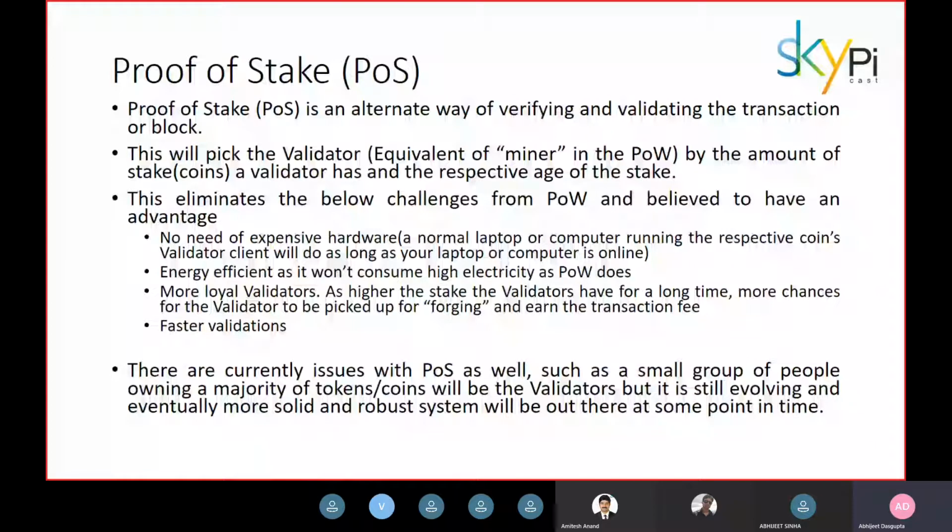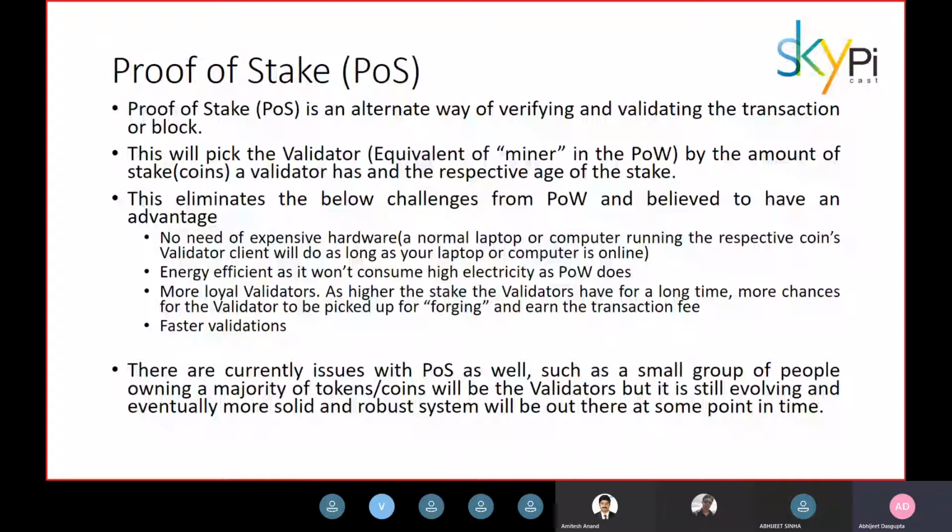Say, for example, you have 100,000 coins, let's say X coin, which uses proof of stake, in your wallet, and it will have an age attached to it on how long you have been holding it. So here, the 100,000 X coins is your stake in the blockchain.